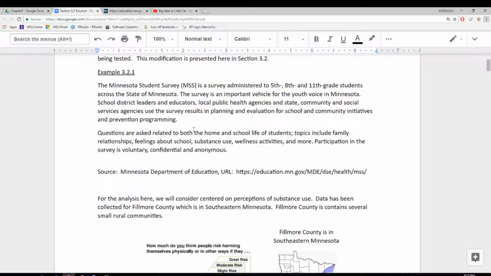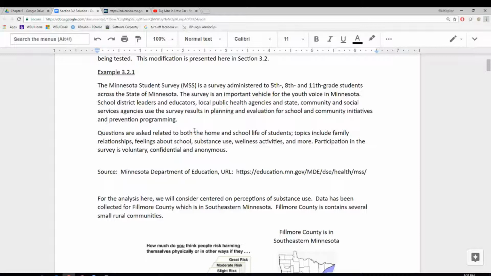This example is centered around the Minnesota Student Survey, which is a survey that is administered to 5th grade, 8th grade, and 11th grade students throughout the state of Minnesota. This survey is an important vehicle for the youth voice in Minnesota, and many different people use this survey to inform their community initiatives and prevention programming. The questions on this survey are quite extensive and deal with home and school life of students.